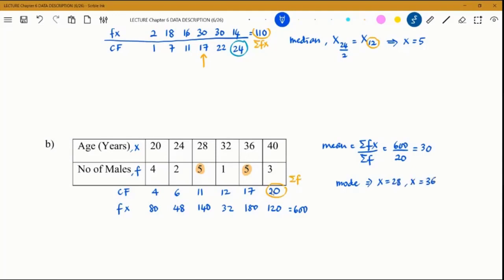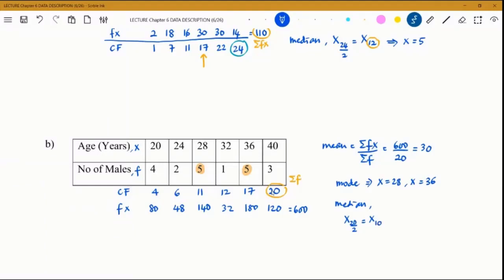Okay, median. How to find the median? So observation yang keberapa? So total adalah 20. 20 divided by 2. So we have observation yang ke? 10. 10.